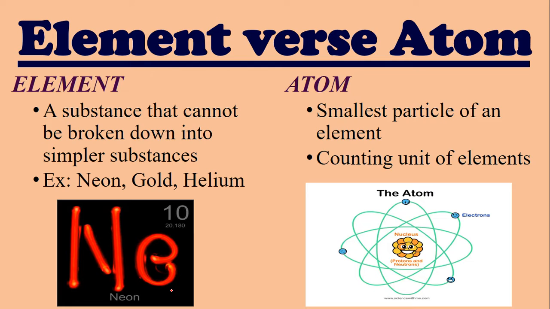An atom is the smallest particle of an element, and it's how we count the elements. We say that we have 10 atoms of helium, not that there's 10 heliums, there's 10 atoms of helium.